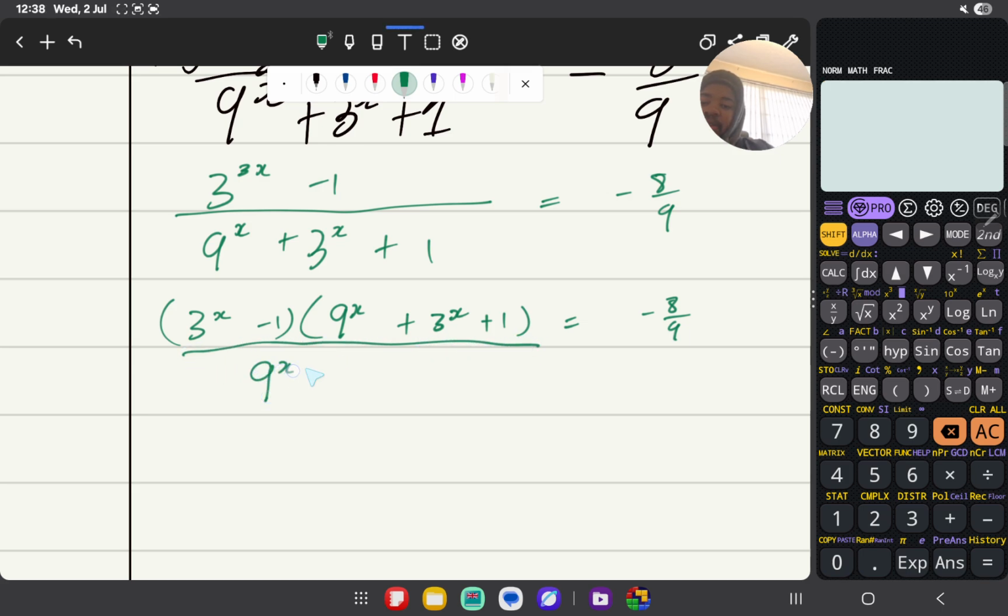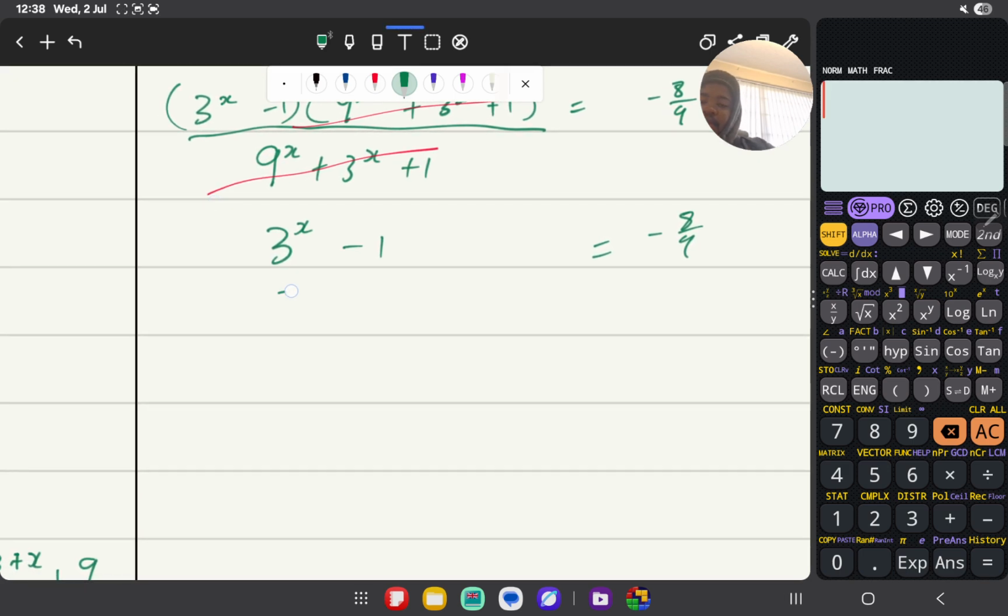Then you have 9x plus 3x plus 1, and then of course this divides that. You are left with 3x minus 1 equals minus 8 over 9. Then I have 3x equals 1 minus 8 over 9, which is 9 over 9 minus 8 over 9, 1 over 9.